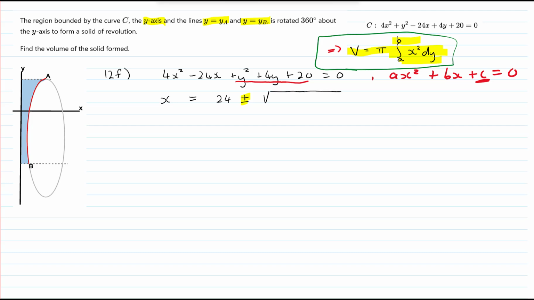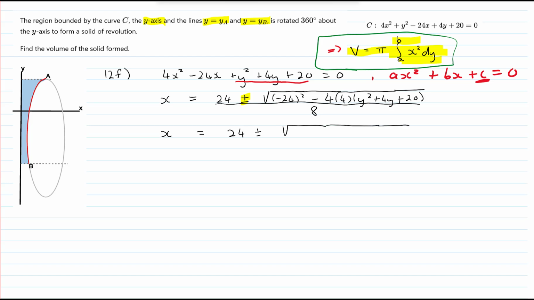So we'll leave it there for now, and then under the square root we're going to have negative 24 squared, minus 4ac, so 4 times 4 times (y squared plus 4y plus 20), and all of that divided by 8, which is 2 times 4, 2a there.